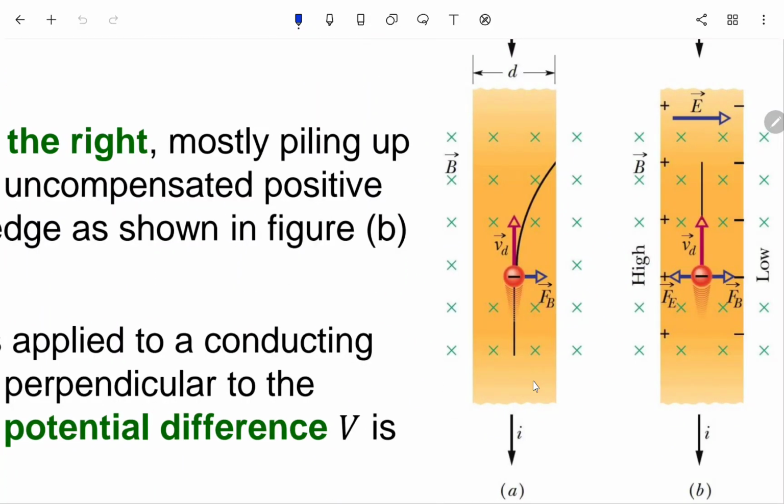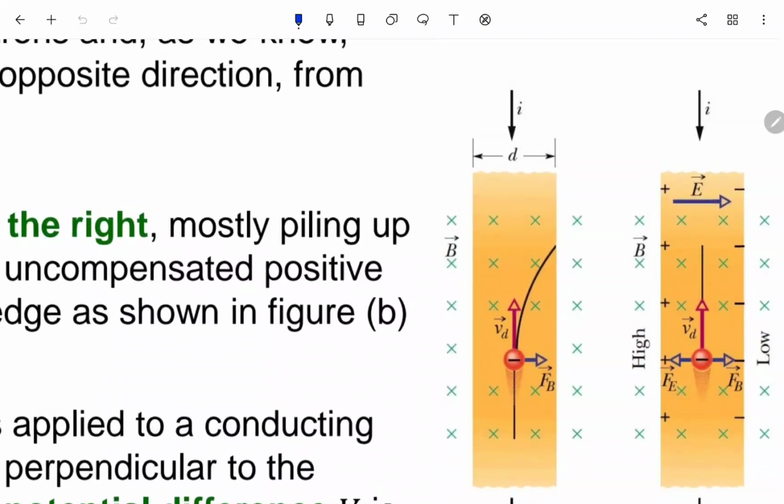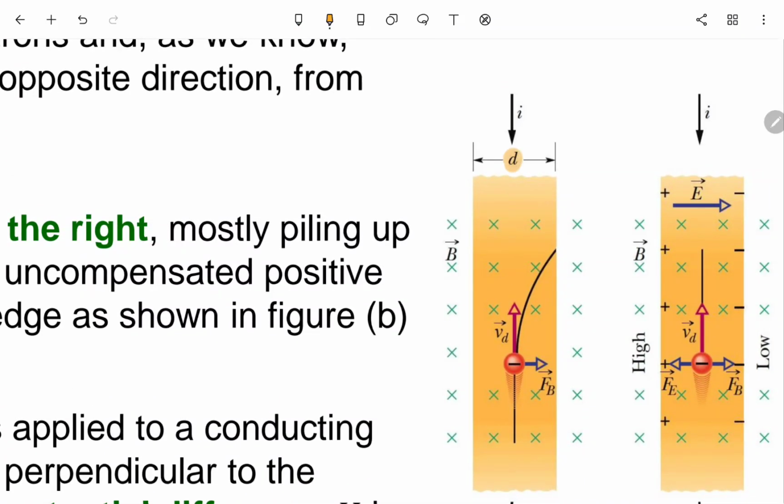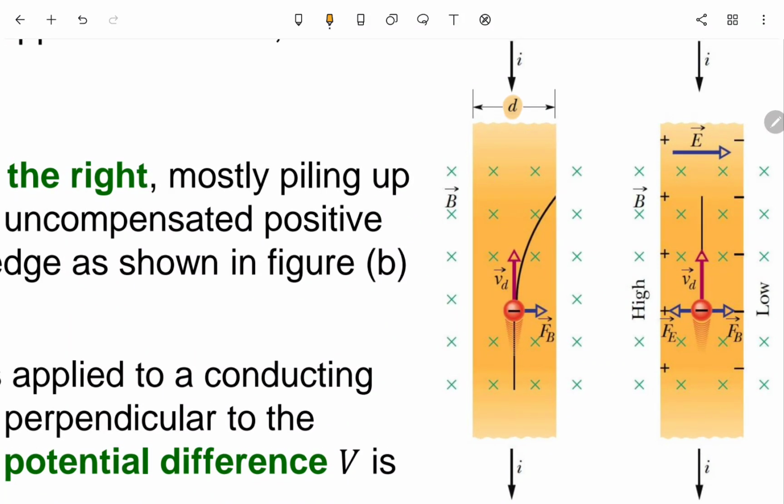Starting from this figure A, we have a wire, and the width of it is d. We assume there is a current going from top to bottom. Here we already assume that the charge is negative.